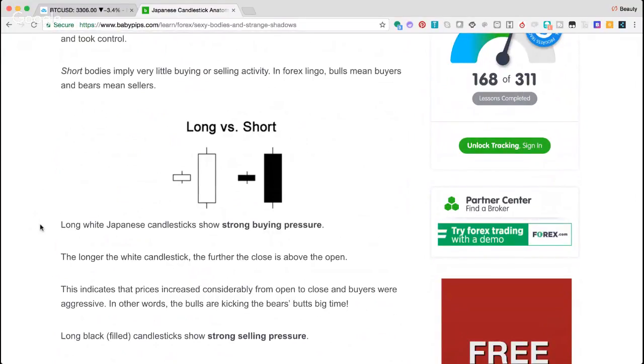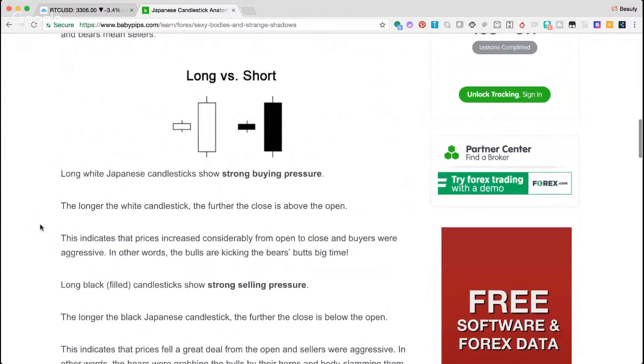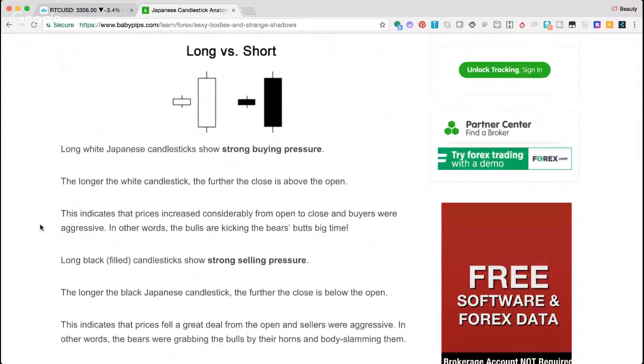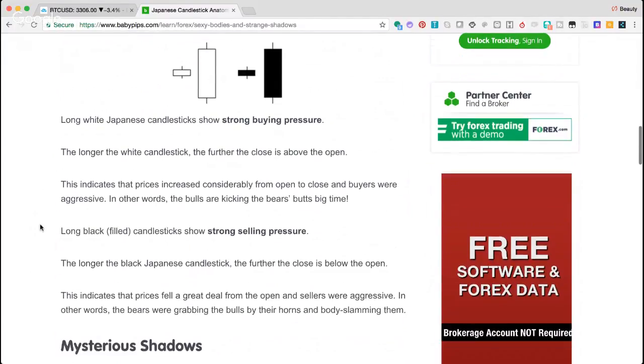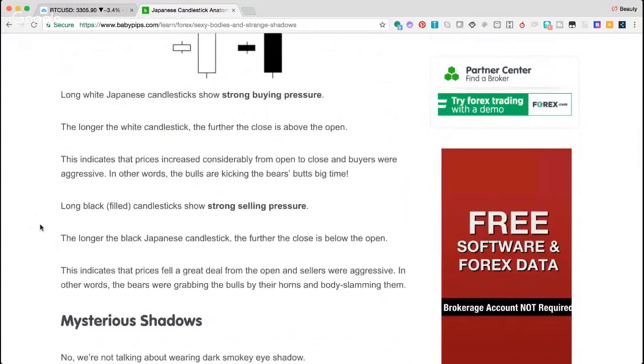In Forex lingo, bulls mean buyers and bears mean sellers. Long white Japanese candlesticks show strong buying pressure. The longer the white candlestick, the further the close is above the open. This indicates the price increased considerably from open to close, and buyers were aggressive.